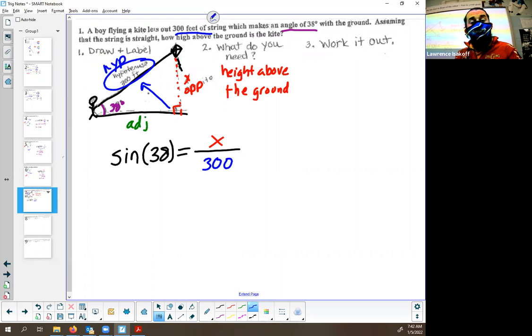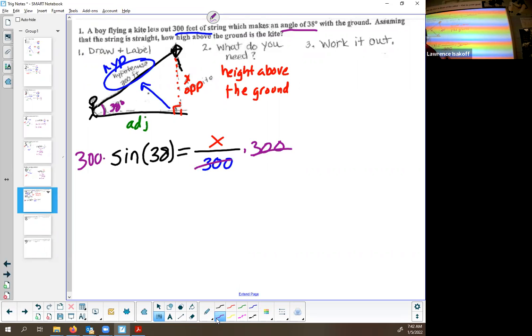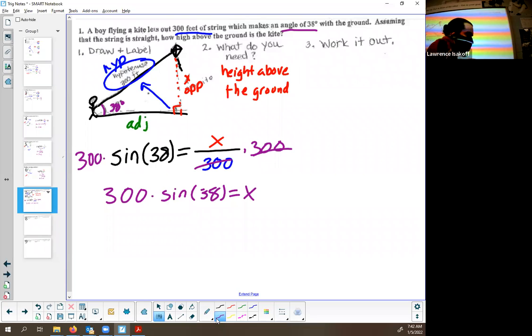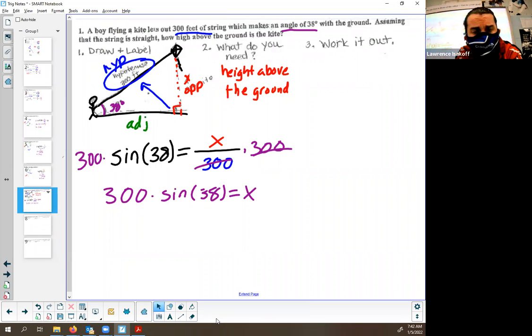So we just need to make sure we do that little swap. Remember, I'll go over that again. It only takes us about 2 seconds to fix it, but we need to make sure we do that. So here I'm just going to multiply both sides by 300, and we get 300 times the sine of 38 degrees is equal to x. That's how high above the ground this kite will be.